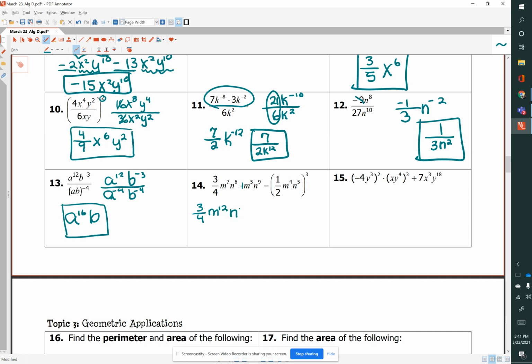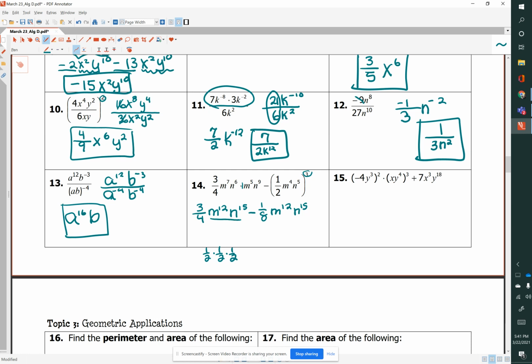And n, 6 plus 9 is 15. Minus, now 1/2 to the 3rd power is 1/2 times 1/2 times 1/2. So that would be 1/8 m. 4 times 3 is 12, and 5 times 3 is 15.